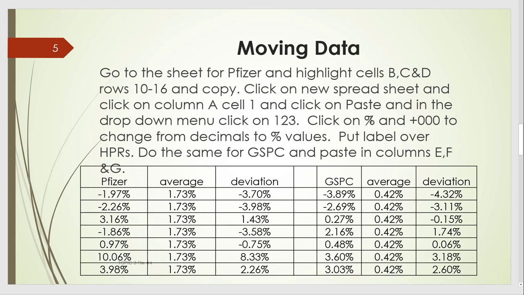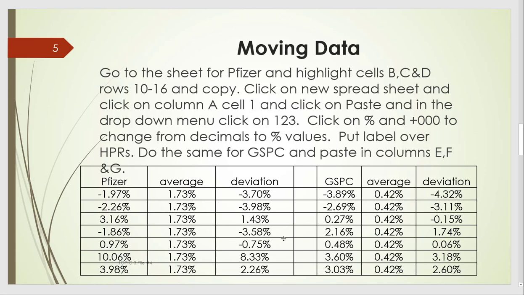So if I click on the percent sign and the +00, I can add two decimal places after the decimal for the percent. So now I'll have my values as percent like you'd see below. I do the exact same thing with columns E, F, and G for the GSPC data. Above the holding period returns, I'm putting in the label Pfizer for Pfizer's data and GSPC.